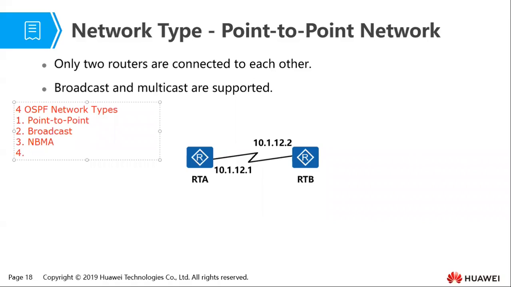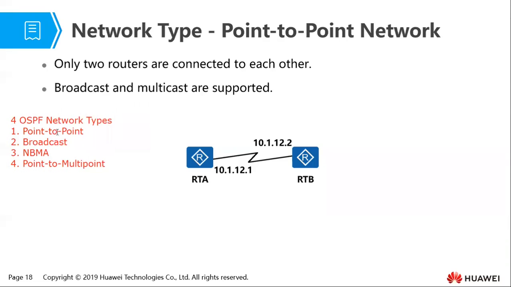And the last one is almost related to the first one. Multi-point. Exactly. Point to multi-point. So these are the four network types that OSPF supports. And OSPF is going to behave differently in each one of them, depending on the characteristic of that particular link type.